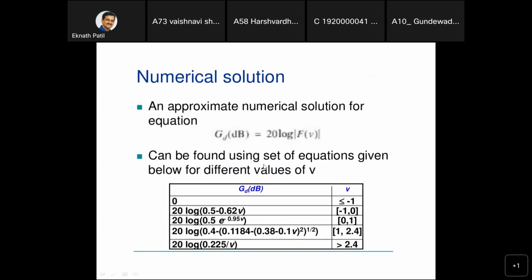We'll discuss this numerical solution in the next lecture.